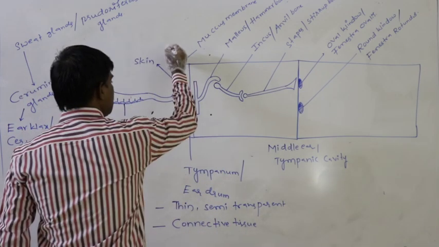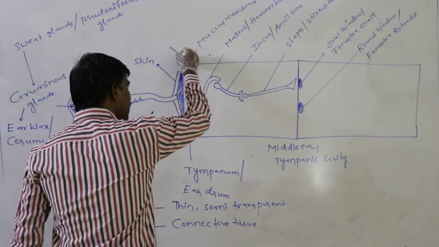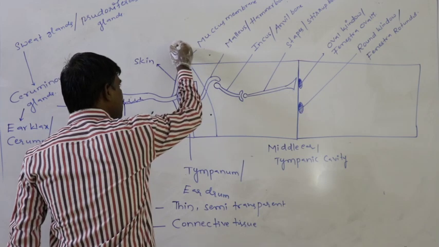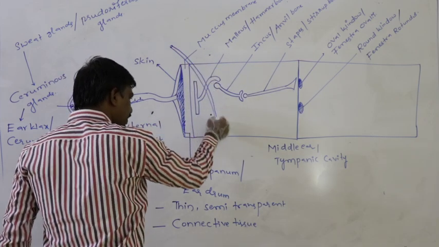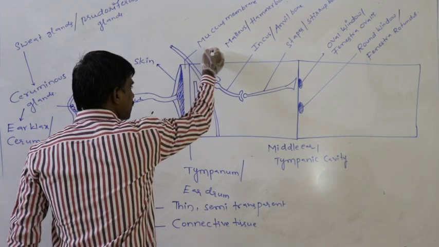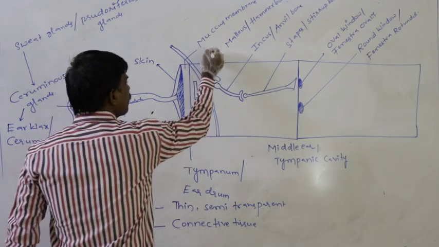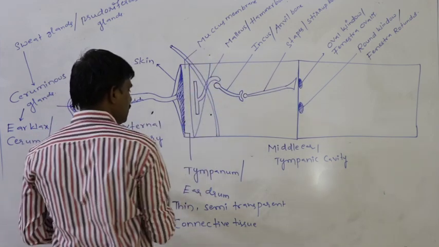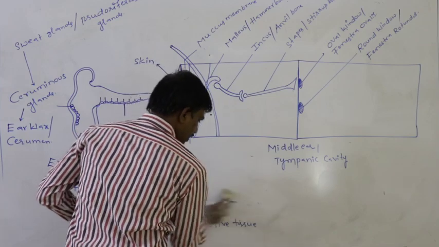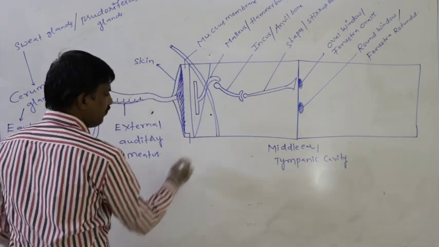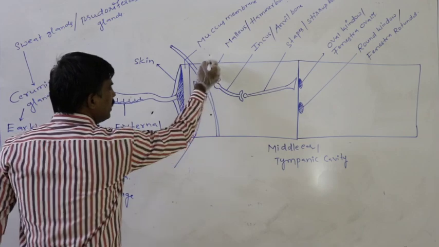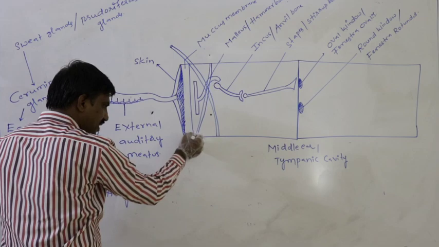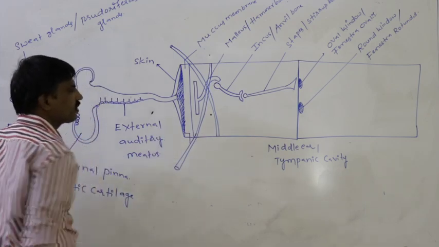Again, in addition to that, one pair of tubes connects the middle ear with the nasopharynx. One pair of ducts connects the middle ear with the nasopharynx. Those ducts are called the Eustachian tubes.